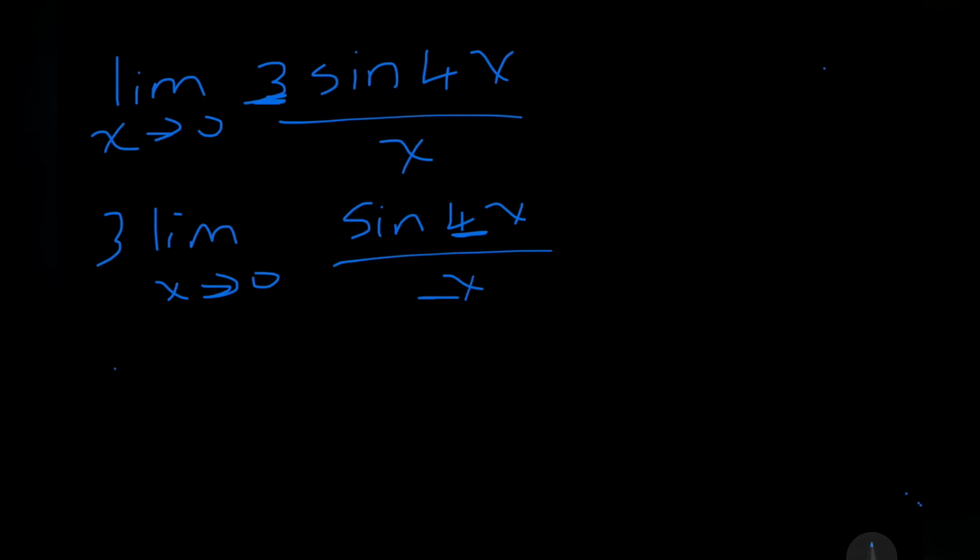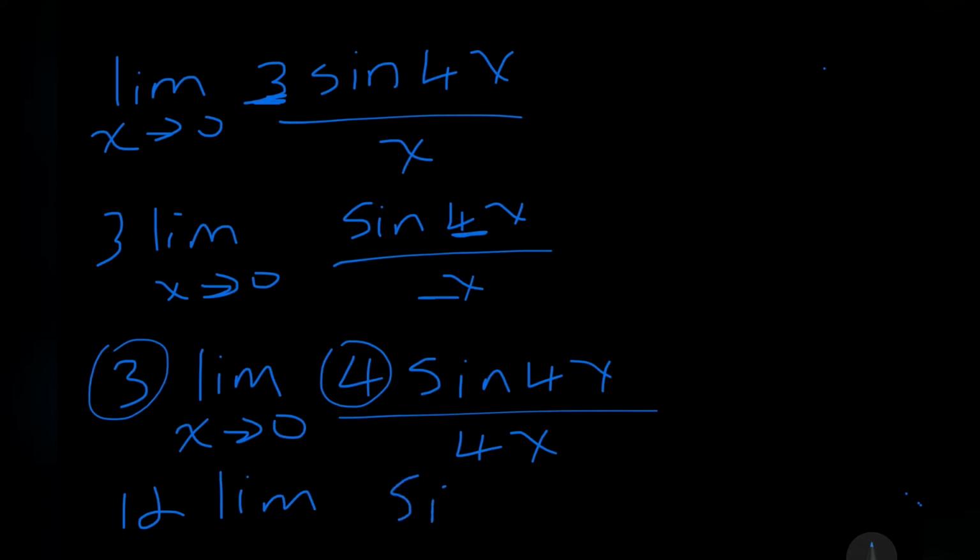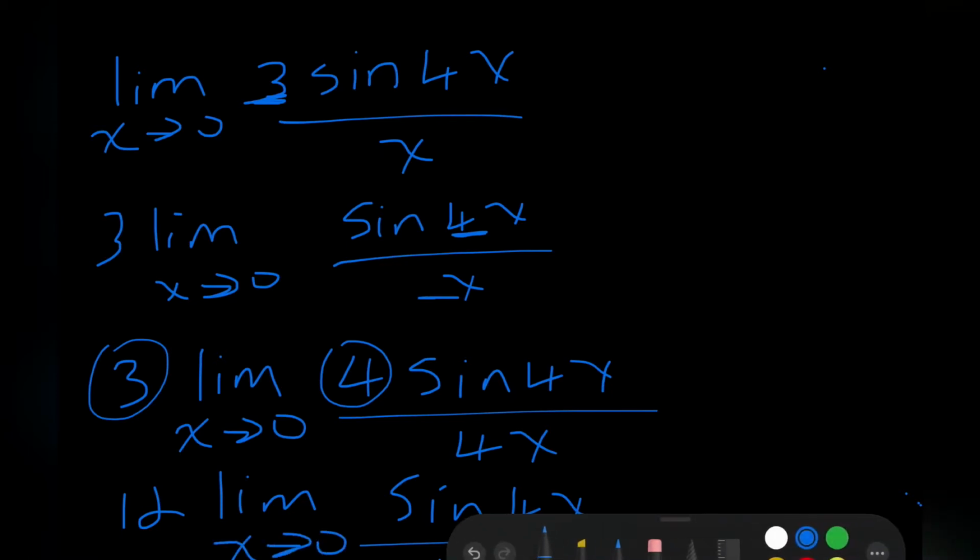So we would have 3 times the limit of 4 sine 4x over 4x as x approaches 0. We are going to factor out this 4 and multiply it by this 3, making it 12 times the limit of sine 4x over 4x as x approaches 0.